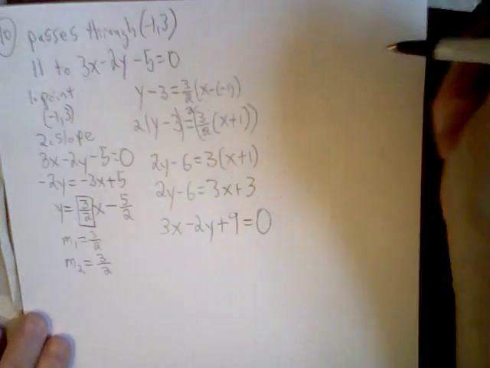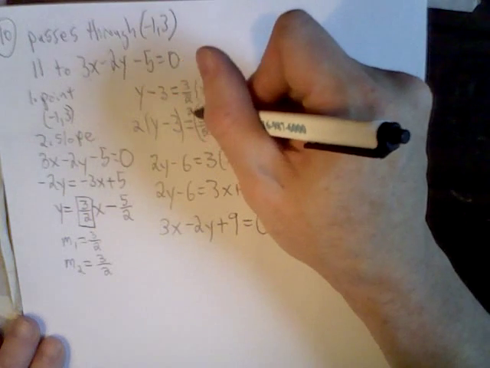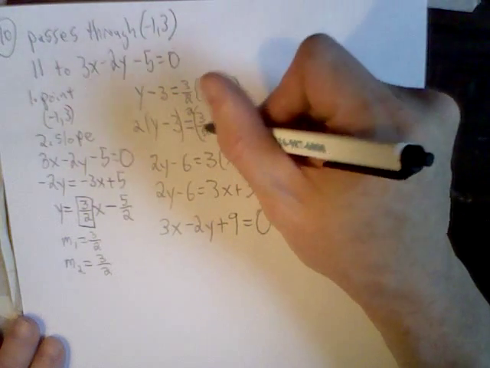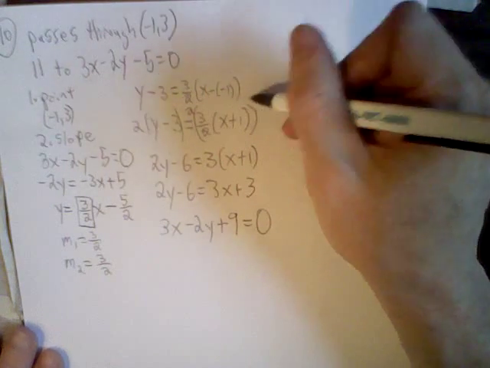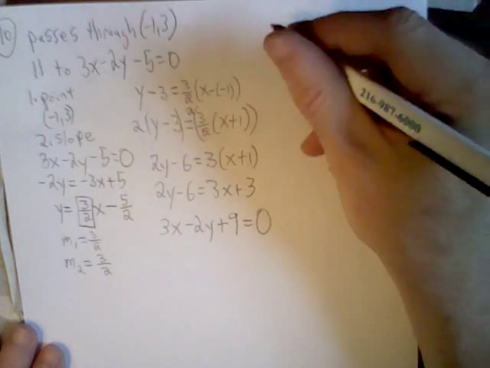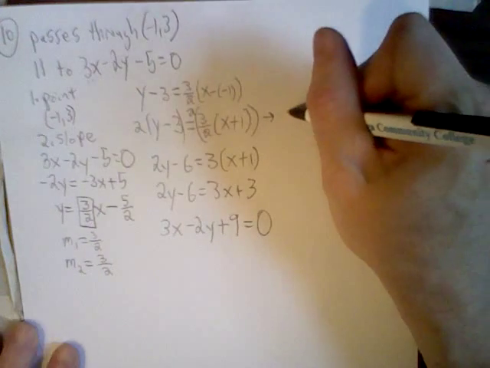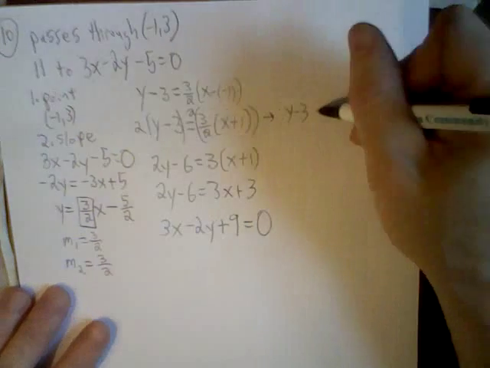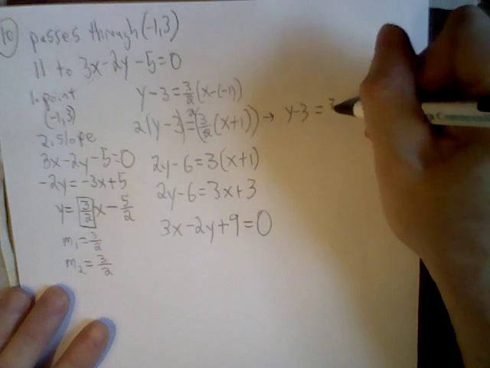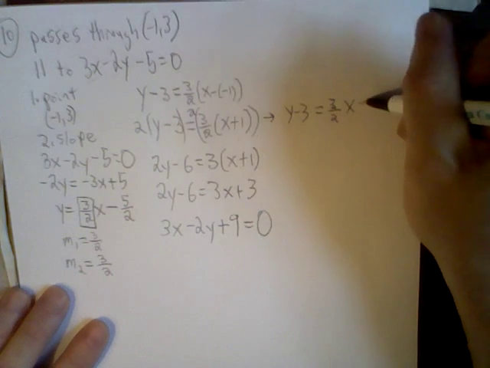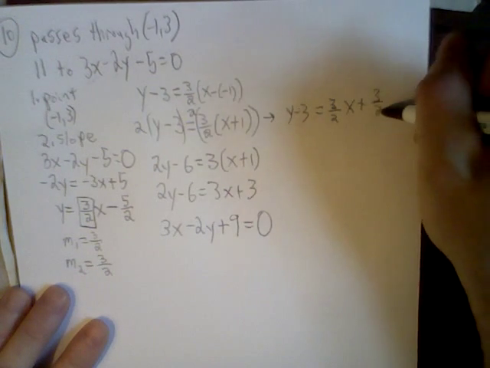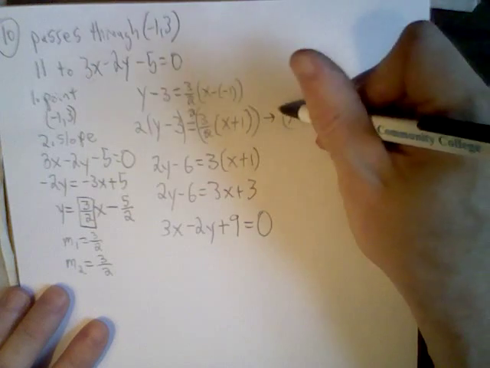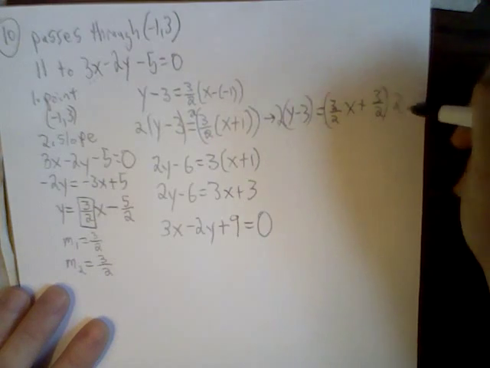You could have also distributed here, so I realize that not everybody would have followed along on this step. If you wanted to, you could have instead just said y minus 3 equals 3 halves x plus 3 halves, and then multiplied through by 2. You're going to get the same thing.